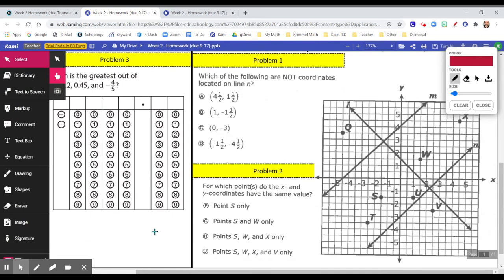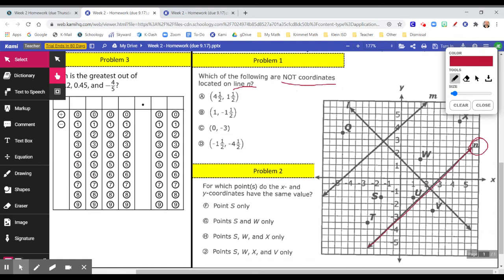Now Thursday, there's actually only 2 problems because it looks a little complicated. I wanted to put some graphing into the homework. So if we take a look at the first question, which of the following are not coordinates from line n?